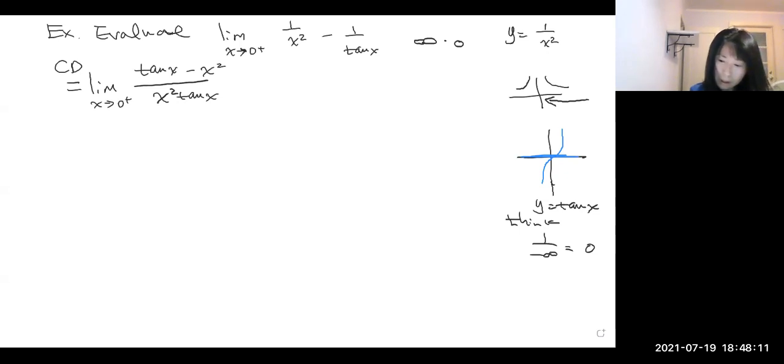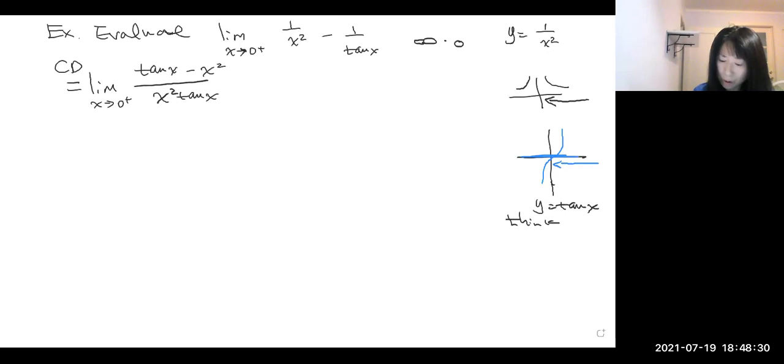Okay. Then when x approaches 0 from the right, what do you get? We get 0, isn't it?